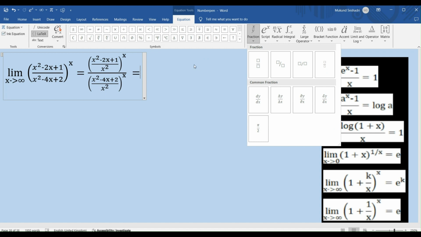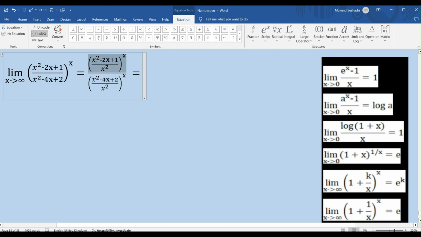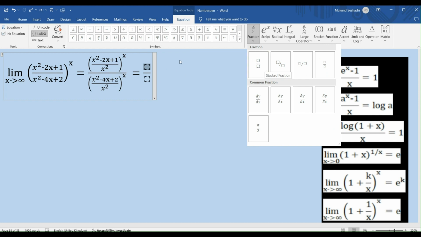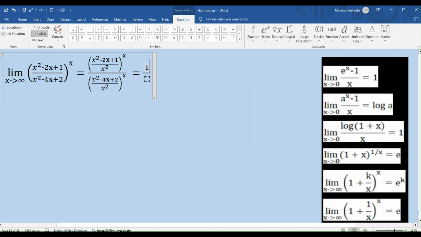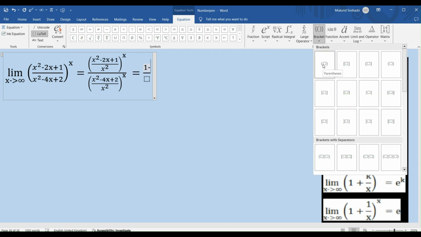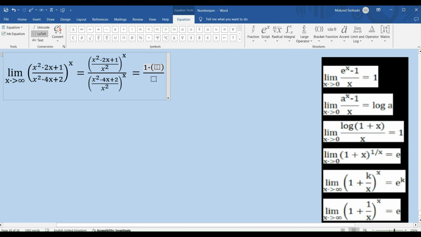I can further rewrite this expression like this, the way I'm going to write it now. Let me again put it in the same very similar format. So what happens when I further rewrite this? My x square can be rewritten like this, 1 minus, and then I open bracket, and what do we get here?